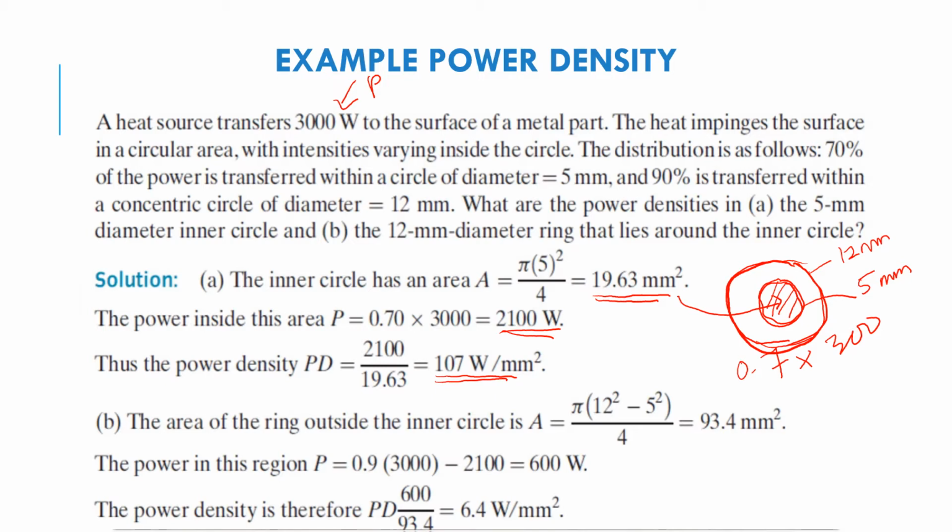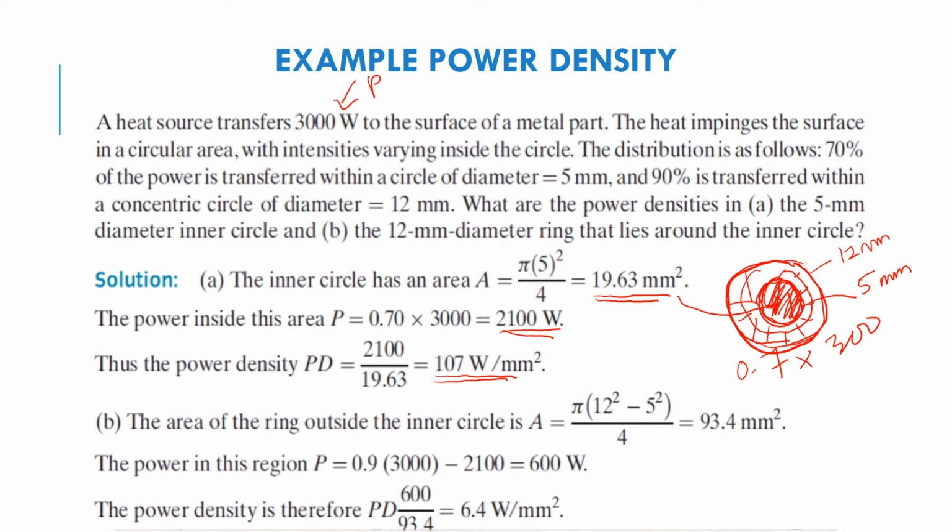Now for B, the area of the ring outside the inner circle. What you have to do is first calculate the area, which is 12 squared minus 5 squared, because we want this ring area, so you have to subtract the inner area first.